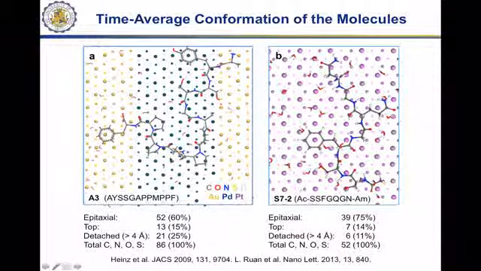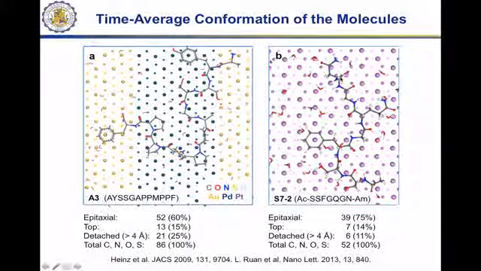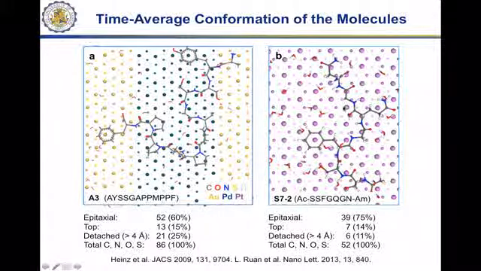A key observation actually was, from those simulations, a new discovery, that such organic molecules coordinate preferentially epitaxial sites. So the atoms in the top layer are represented by larger spheres here, and then the smaller spheres and the crosses represent the subsurface layers that are equivalent to the epitaxial sites.